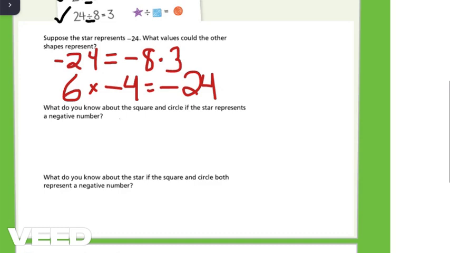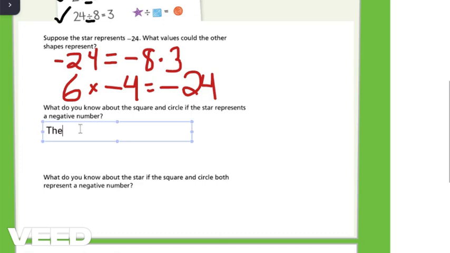All right, what do you know about the square and circle if a star represents a negative number? Now, this is very interesting. If the star is negative, what do we know about the square and the circle?